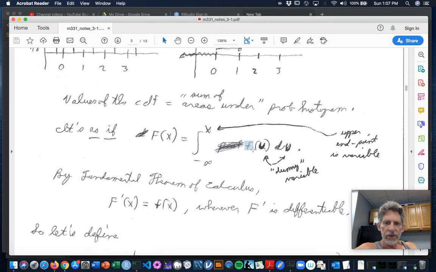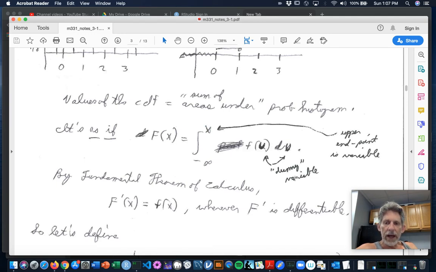I'll call that function little f for now, and I'll identify it for you in a minute. Let's think about capital F of x being the area under the curve little f from negative infinity up to little x.